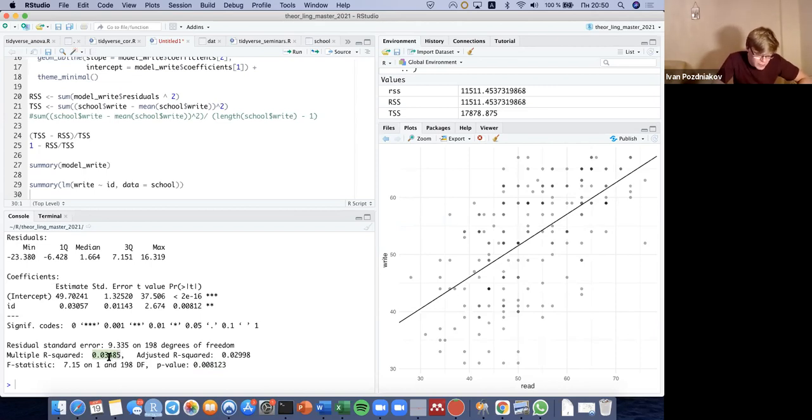Actually, it's not that small, because especially for social sciences, this R squared is pretty much okay, but it will never be a high R squared. So yeah, that's really strange. Actually, I didn't expect it, really.